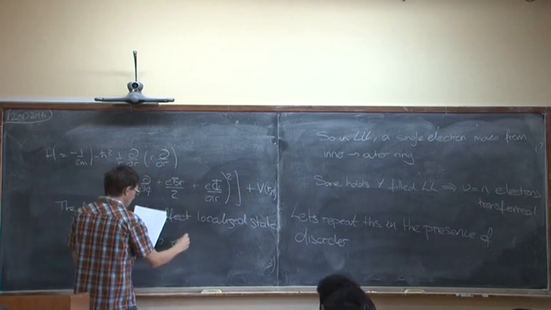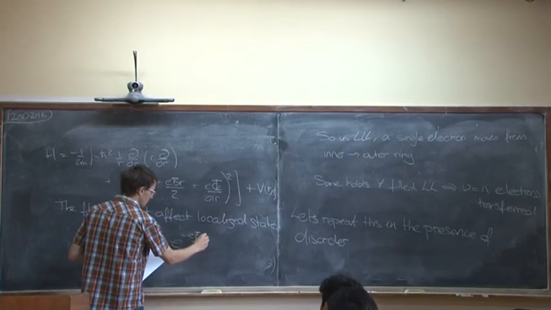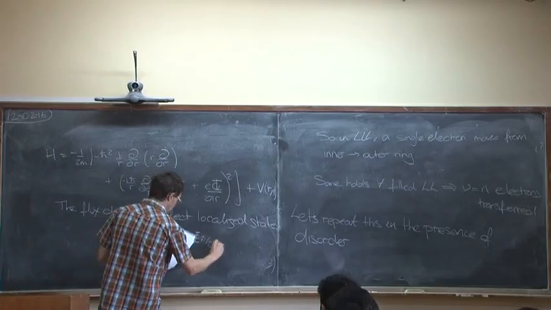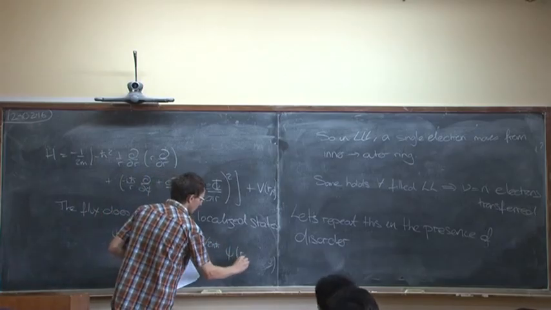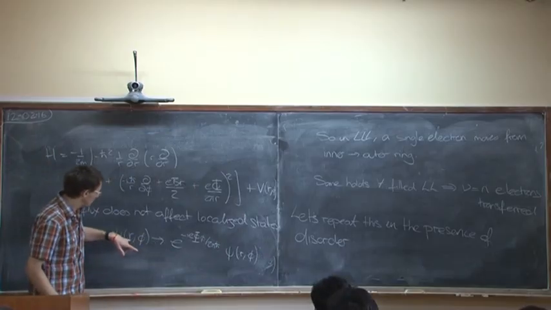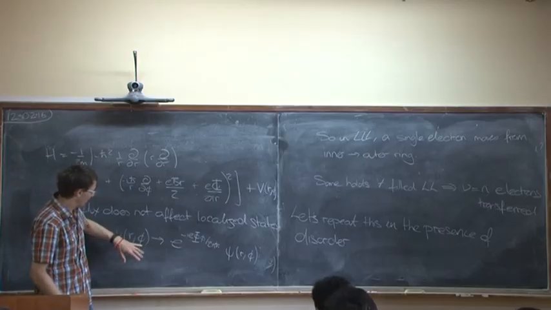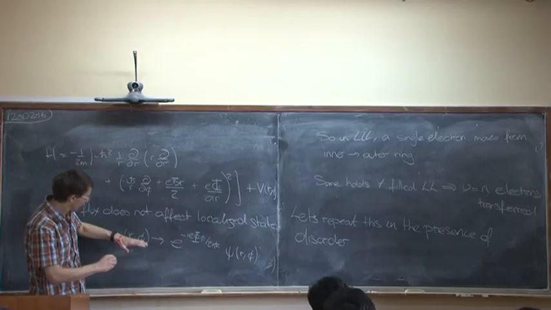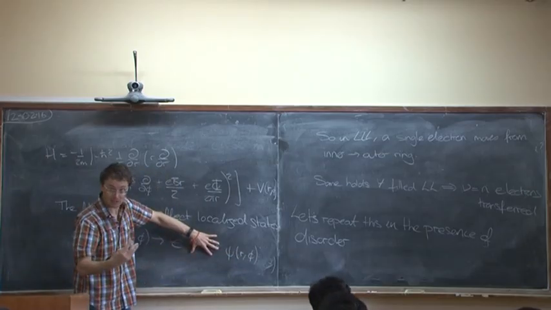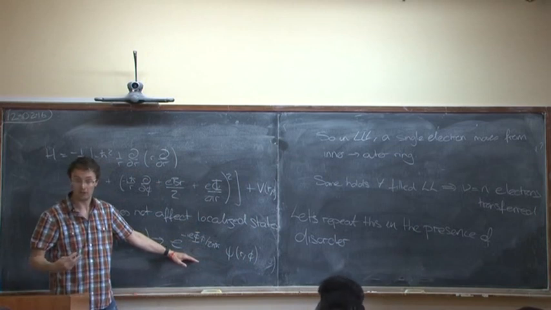And if I have phi, I can always just gauge this contribution away. Capital phi times the flux, little phi is the angular variable, over 2 h bar. If this solved the Schrödinger equation in the absence of the flux, this will solve the Schrödinger equation in the presence of the flux.